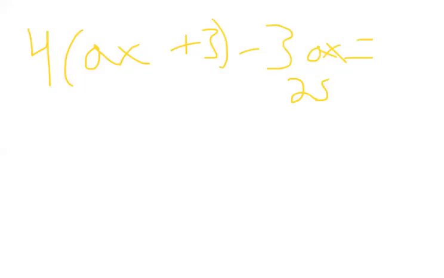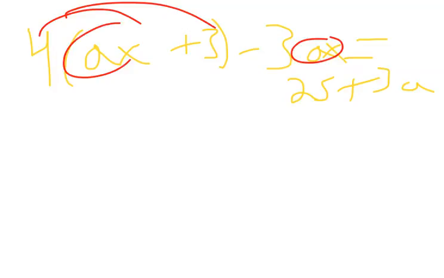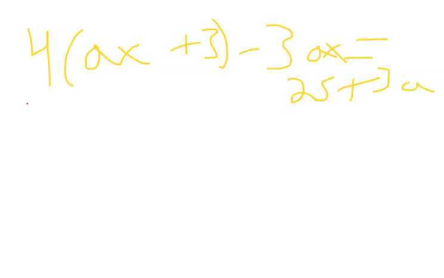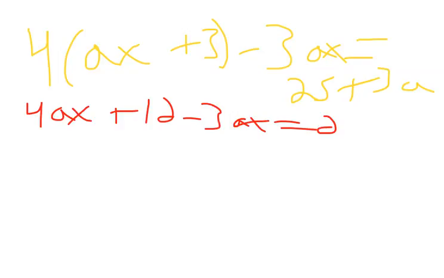First, distribute. That's the best option because you want to get the ax terms together. So you get 4ax plus 12 minus 3ax equals 25 plus 3a.